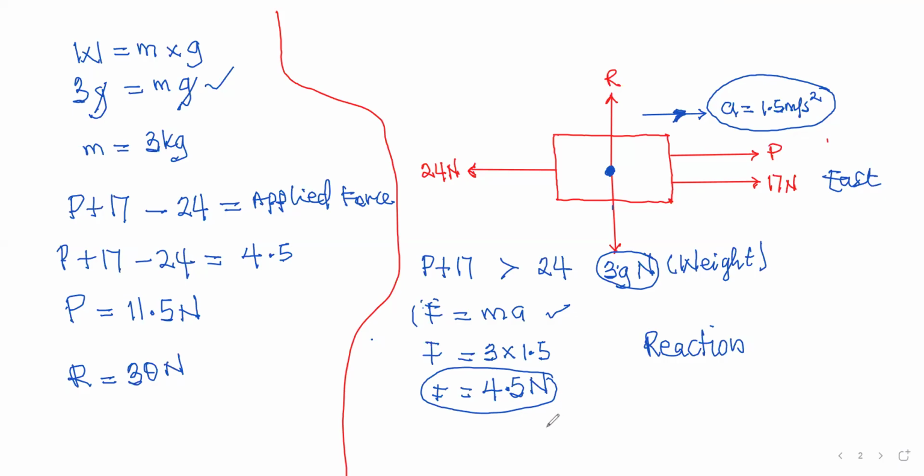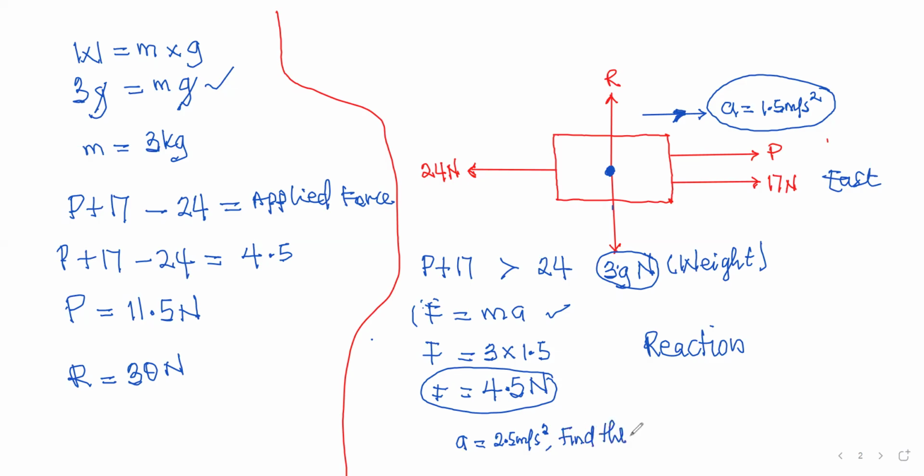Yes, sir. The tension in a rope being used to raise an object is 61.5 Newton. If the acceleration of the object is 2.5 meter per second squared, find the mass of the object.